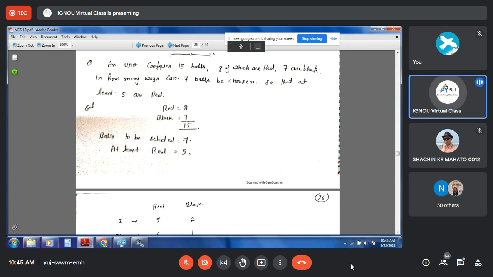An urn contains 15 balls, urn means bag. A bag contains 15 balls, 8 of which are red and 7 are black. In how many ways can 7 balls be chosen so that at least 5 are red? Here the situation is changed, at least, or sometimes at most, they change the total situation.